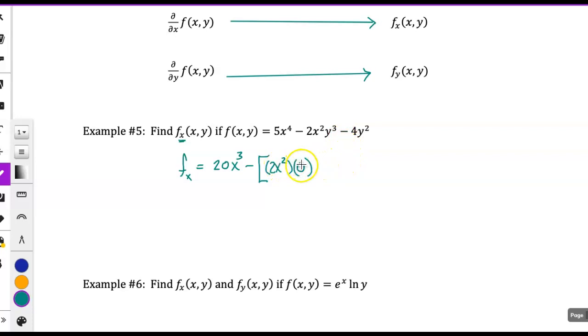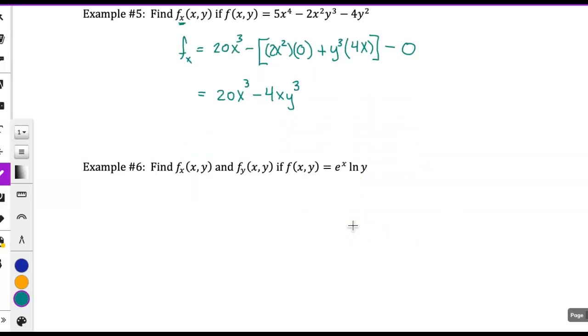So copy the first times the derivative of the second plus the second times the derivative of 2x squared with respect to x is 4x minus the partial derivative of y with respect to x is 0 because y is constant. And so if we clean this up, we get 20x cubed minus 0 minus 4x y cubed. So that's the partial derivative with respect to x of that function.